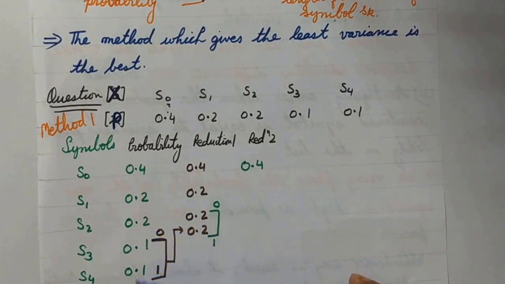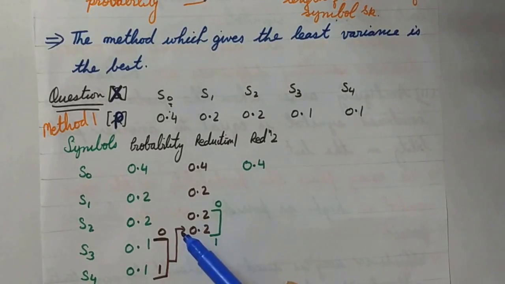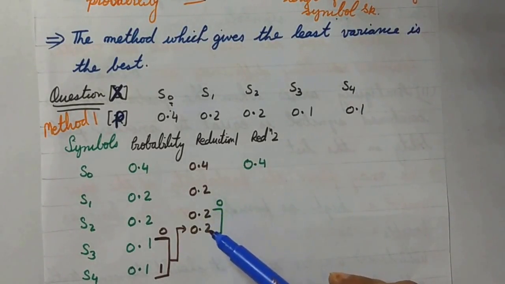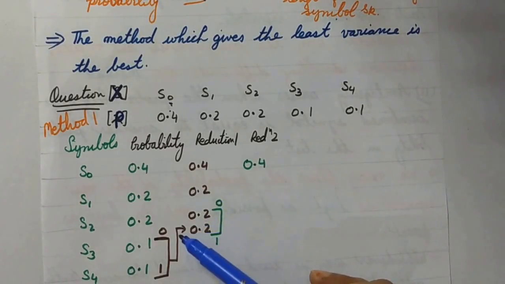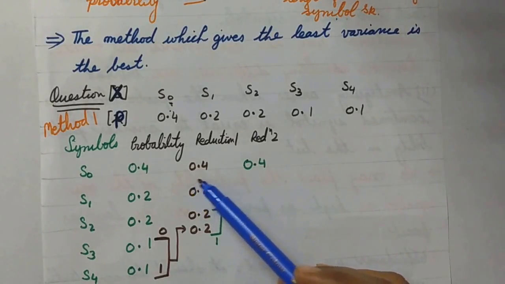In the question we already have 0.2 and 0.2 values, and the sum is also 0.2. So this 0.2 can either be put as low as possible, at the end of all the 0.2s in the question, or as high as possible, on top of all the 0.2s in the question, that is here.